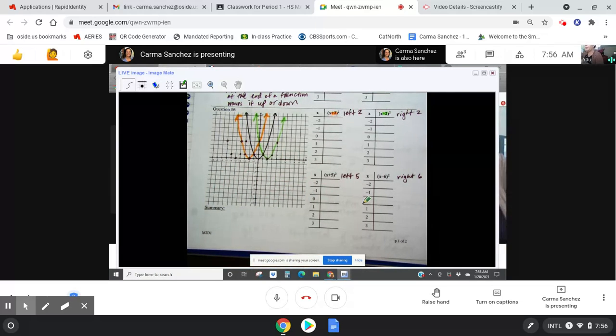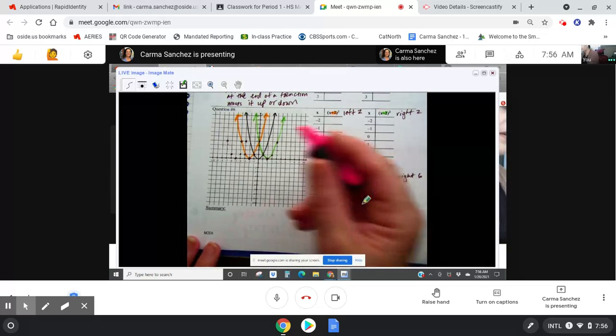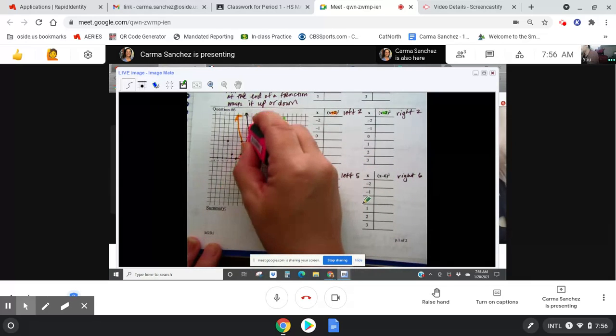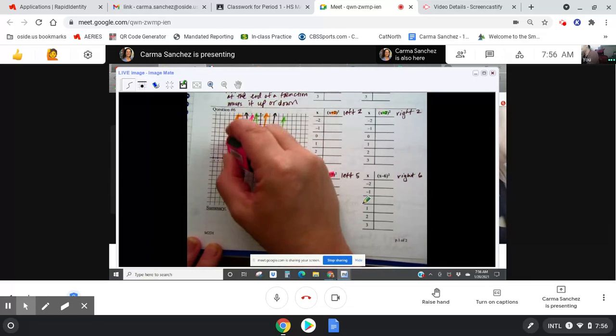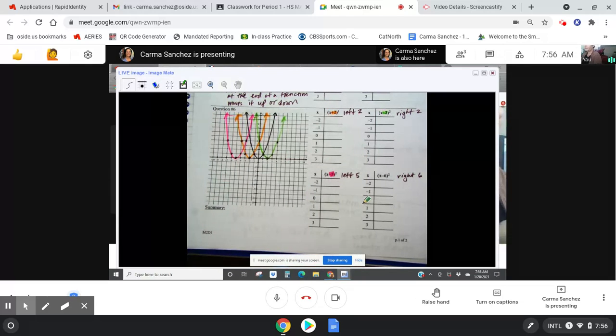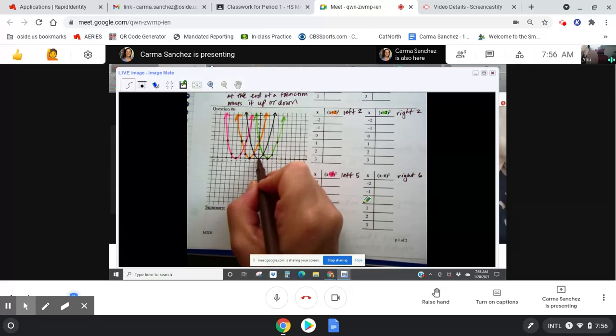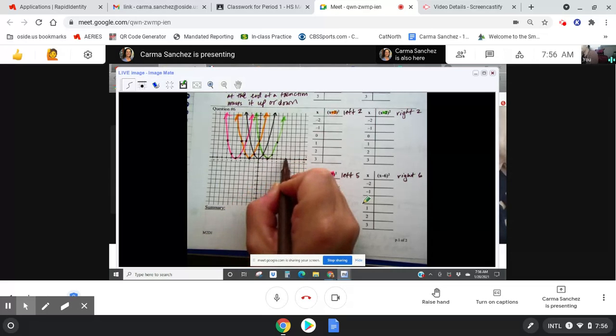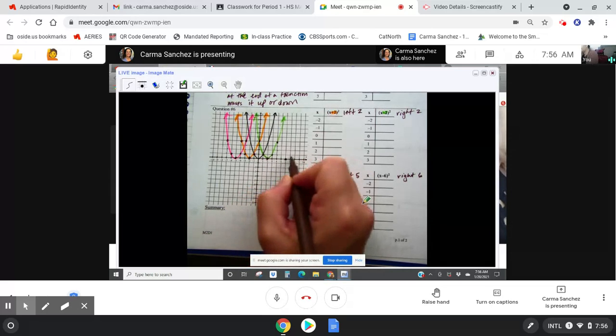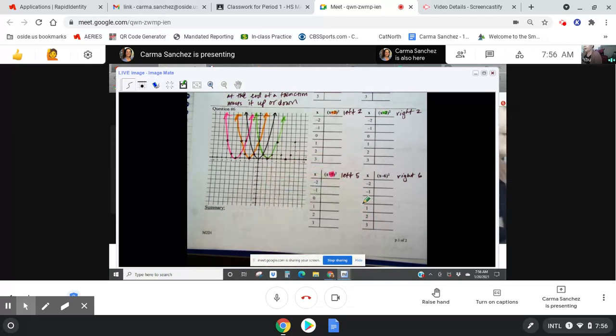And this one I'm going to do in pink. And last but not least, we're going right 6 from the origin original graph. We're going right 6, and then it grows out 1 up 1, out 2 up 4. And this one's going to be in blue.